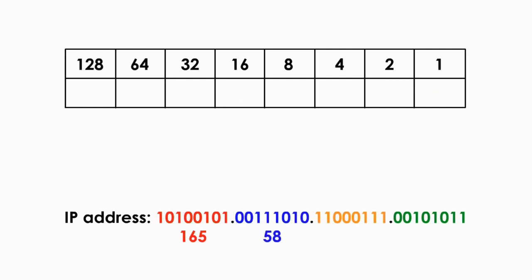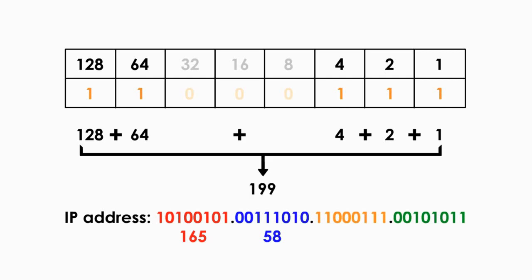Let's do the third octet. We repeat the same process by putting the 8 binary numbers into the binary table one by one. We only look at the ones and bring down the numbers matching the ones. We add them up and we got 199. That's the third octet in decimal value.